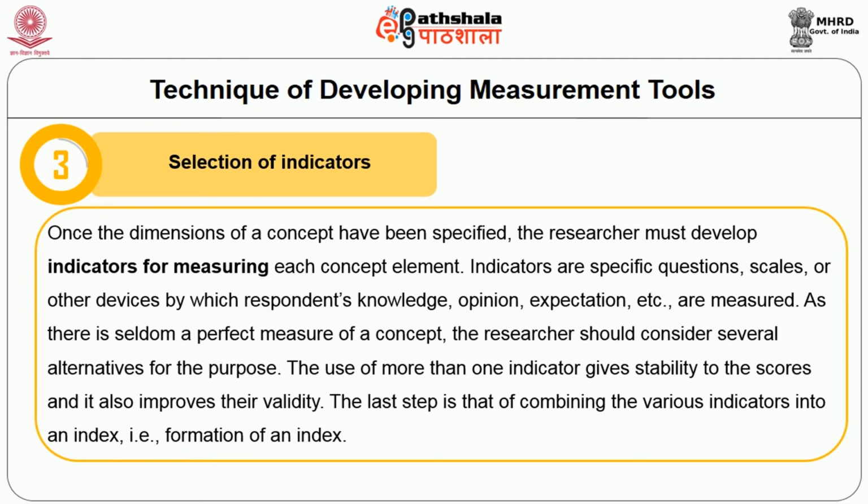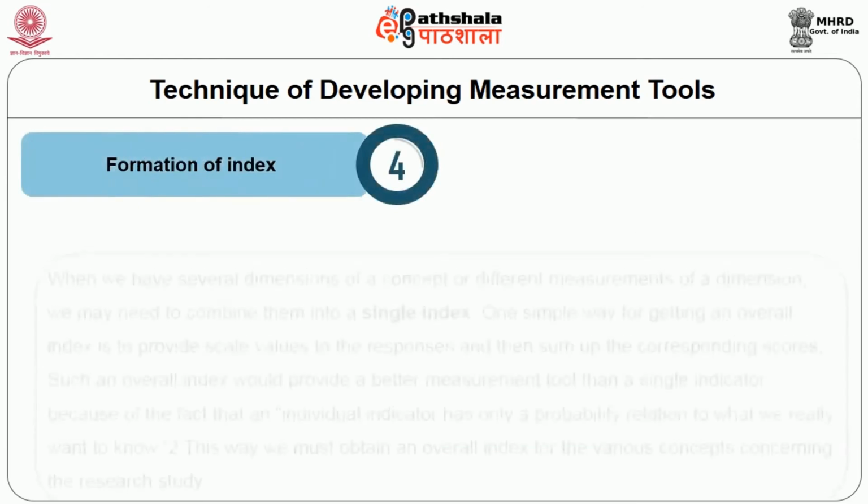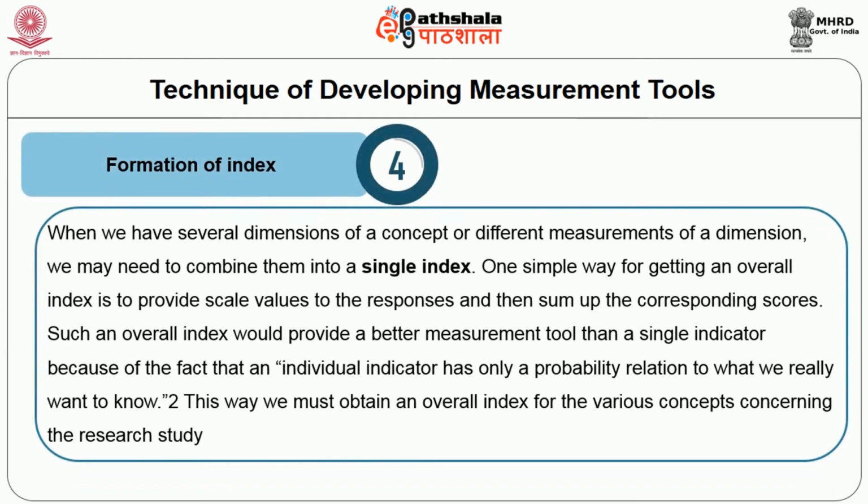The last step is the combining of various indicators into an index, that is, formation of an index. When we have several dimensions of a concept or different measurements of a dimension, we may need to combine them into a single index. One simple way of getting an overall index is to provide scale values to the responses and then sum up the corresponding scores.